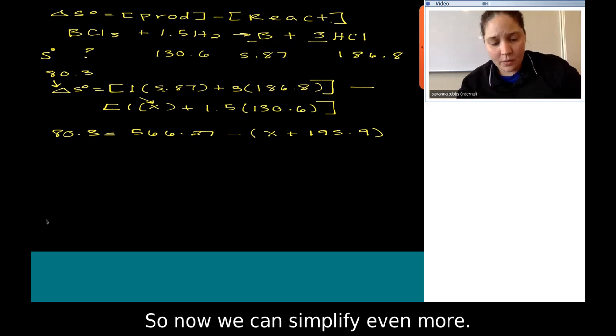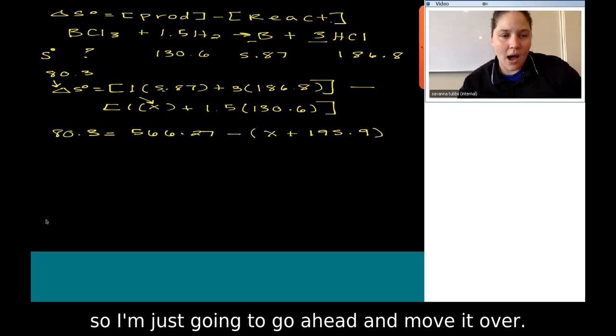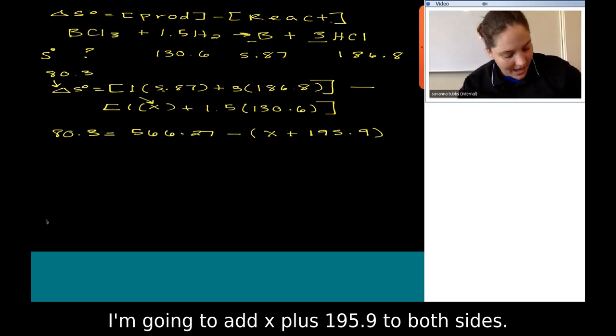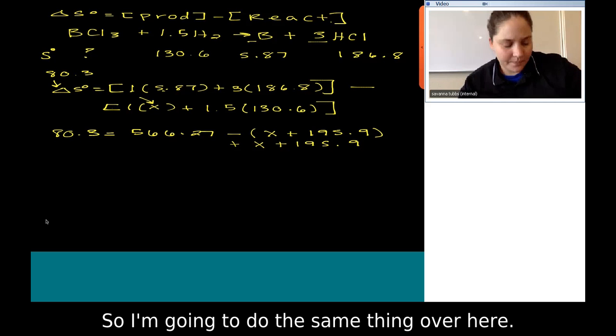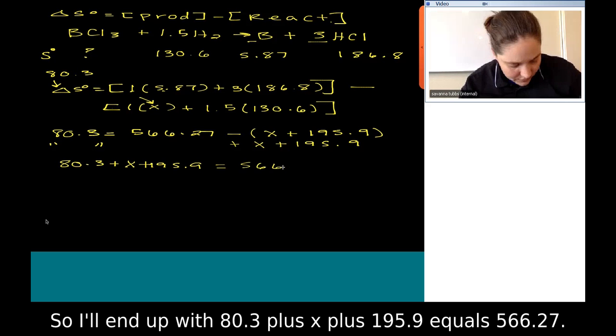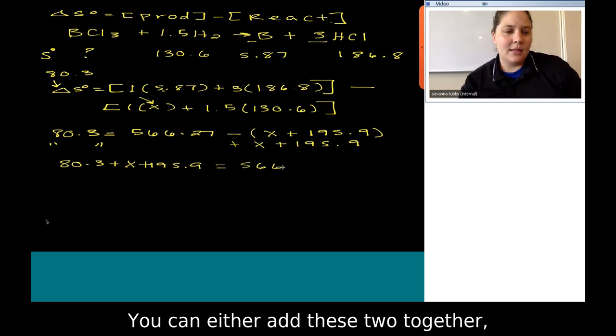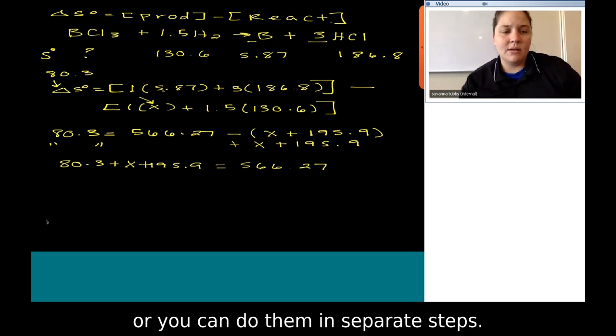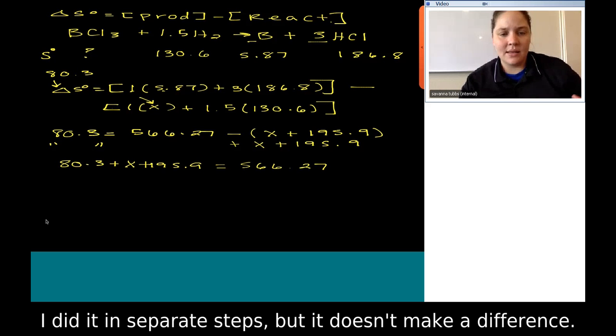So now we can simplify even more. I want to get rid of this negative, so I'm going to move it over. So I'm going to add X plus 195.9 to both sides. So I'll end up with 80.3 plus X plus 195.9 equals 566.27. You can either add these two together, or you can do them in separate steps. I did it in separate steps, but it doesn't make a difference.